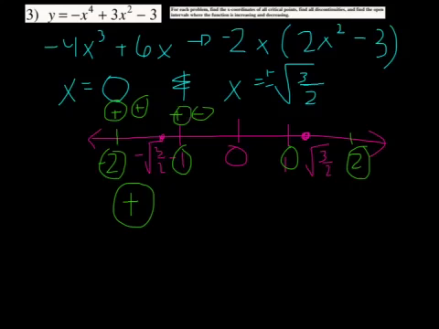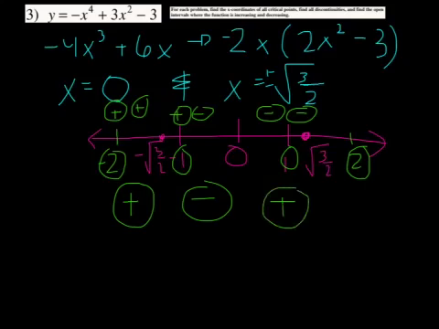Negative times a positive is a negative. For 1, the first sign would be a negative, and then the second sign would be another negative, which would make it a positive. And then the last one would be another negative, and then it would also be a positive. So negative times a positive equals negative.